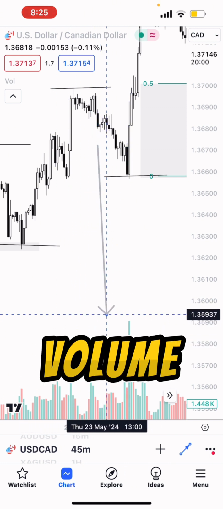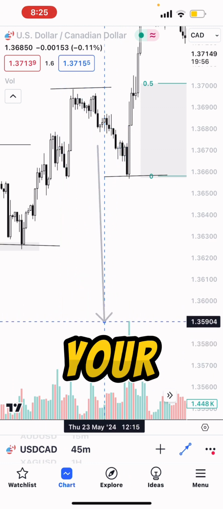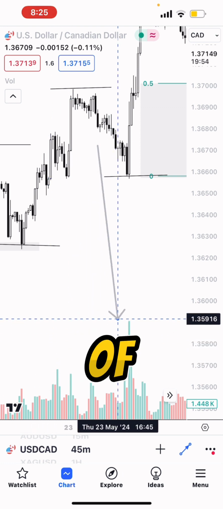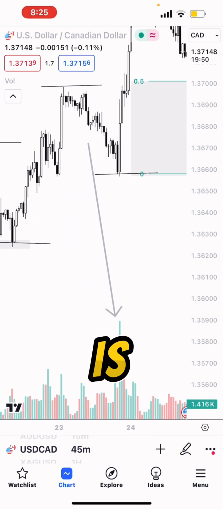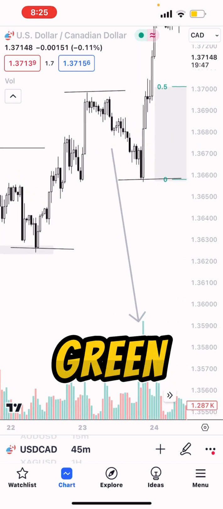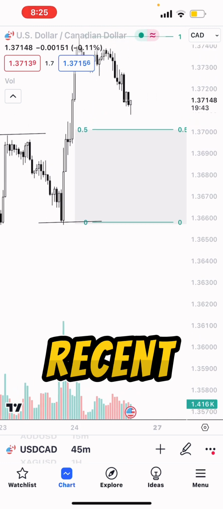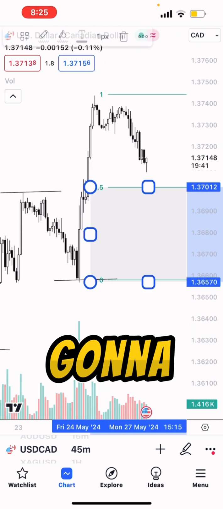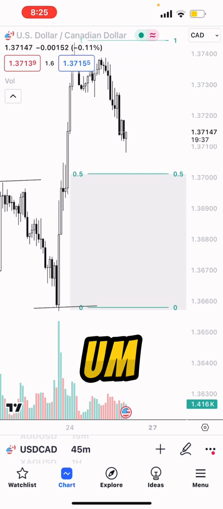The volume is the best indicator because it can be used to back up your bias of the trend. If the green is the highest volume, that means the buyers are in the market, and this is most recent. So we're going to be looking to buy. It's really that simple.